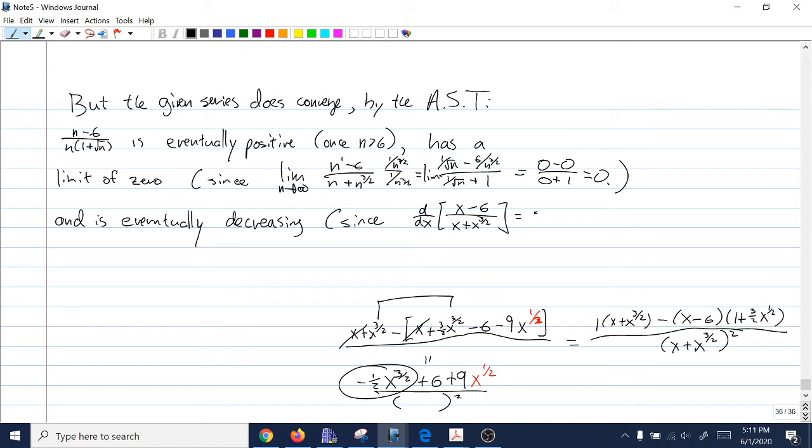The derivative of this turns out to be negative 1 half x to the 3 halves plus 6 plus 9 x to the 1 half over x plus x to the 3 halves squared. Let's multiply the top and bottom by 1 over x to the 3 halves.